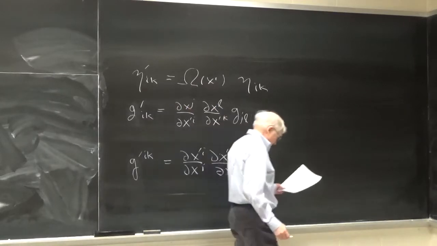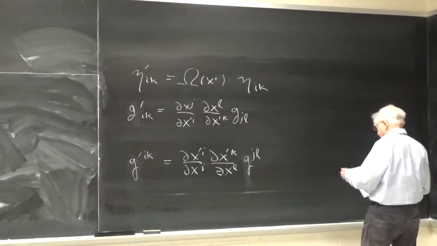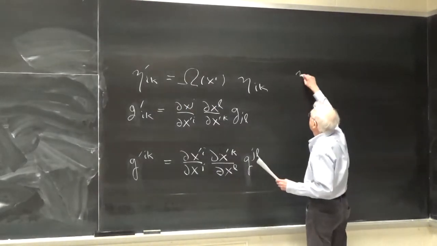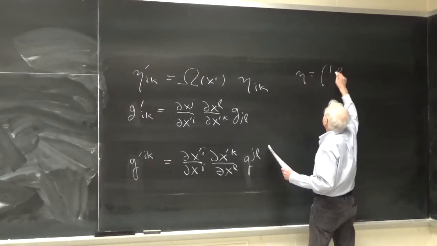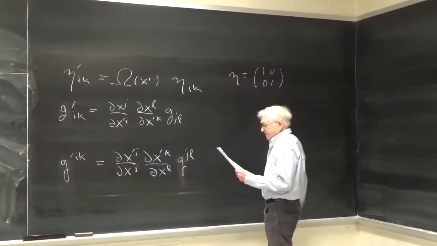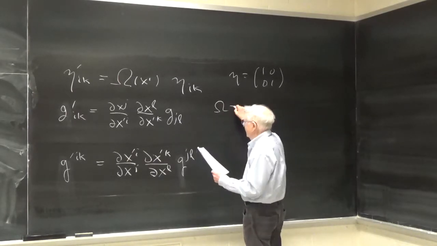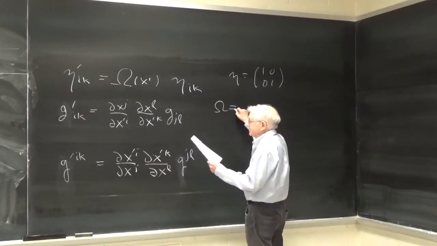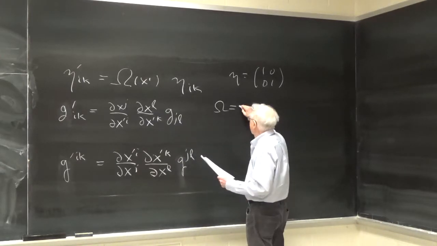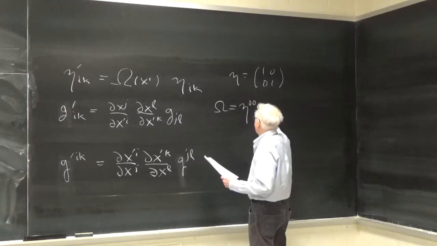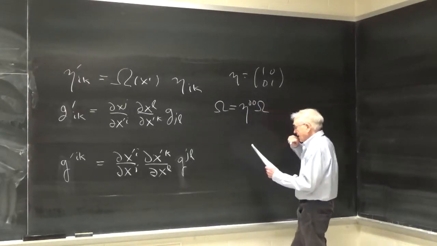So, if you then realize that in 2D Euclidean space the metric is just that, then what you have is that omega, the scale factor, is the same thing as eta 0,0 times omega.